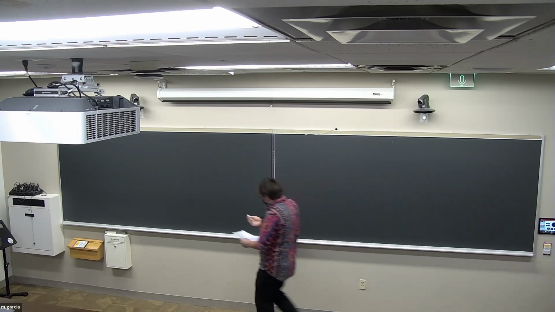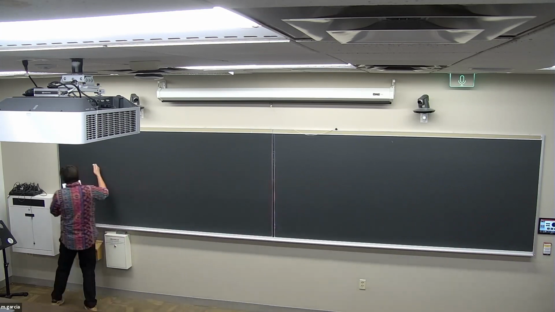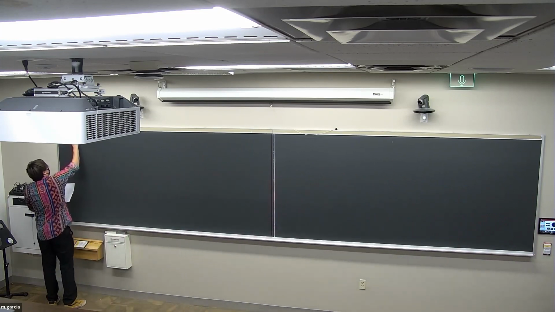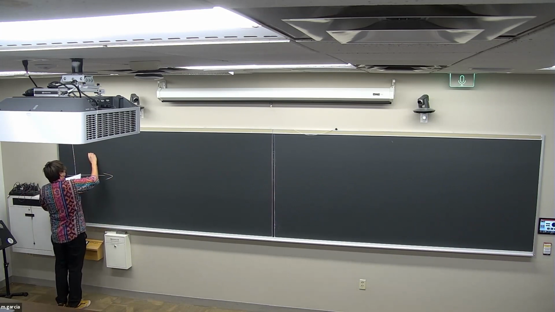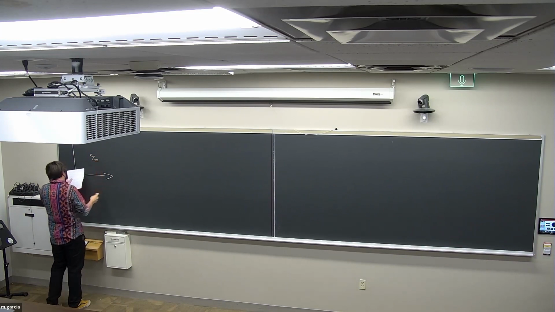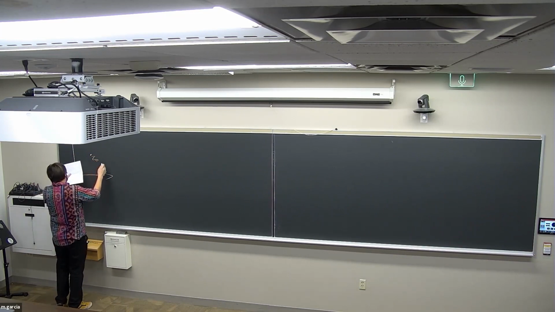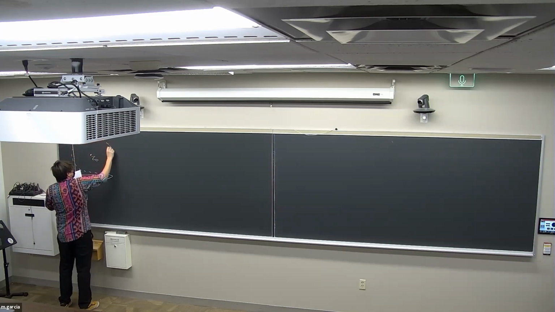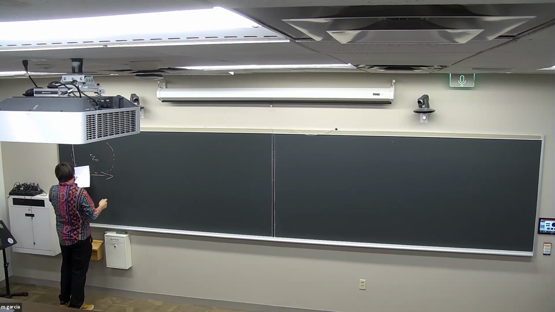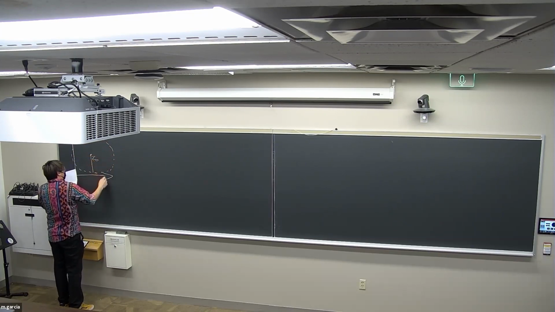So let's just remind ourselves where we were in the midst of this proof, right? So we expressed, let me draw this picture that we had on the board last time. Right, we have z naught, and we have some open disk of radius r.